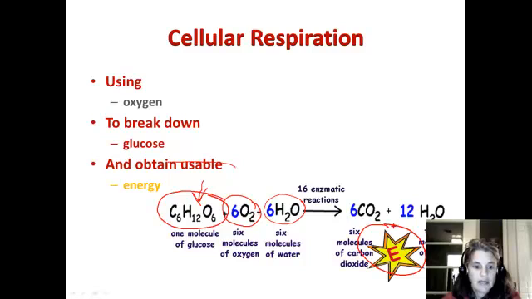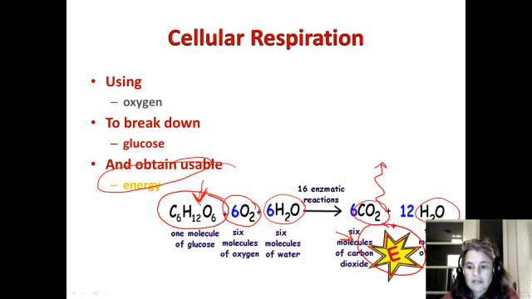We are trying to obtain usable energy. This molecule has lots of energy in it, but it is stored in the form of chemical energy, which is not terribly usable. We need to get that out. So we use the oxygen to help us break this down, and we get usable energy that we want. We also end up releasing into the atmosphere some CO2, and we also get some additional water. This is that photosynthetic equation flip-flopped.